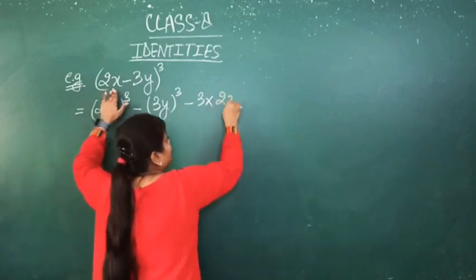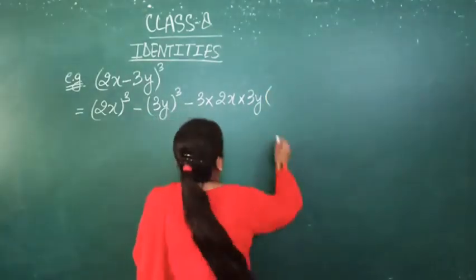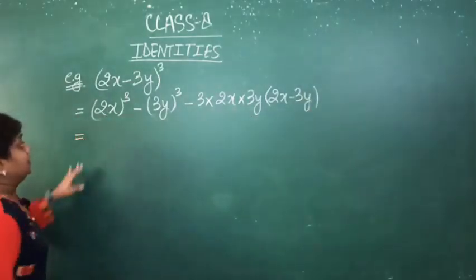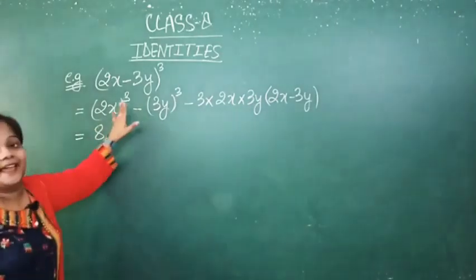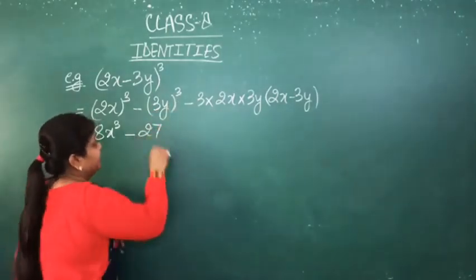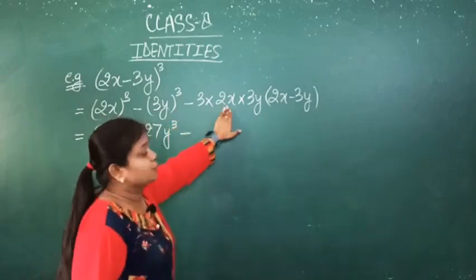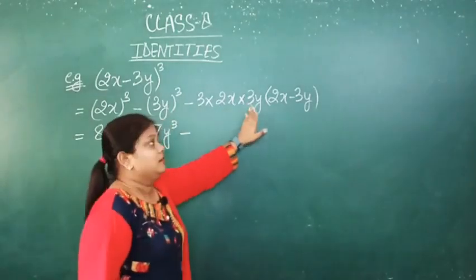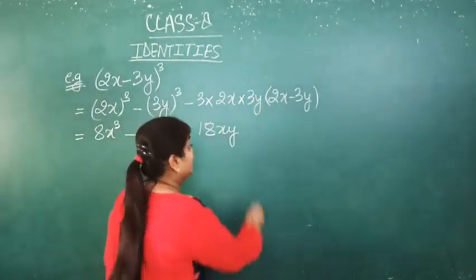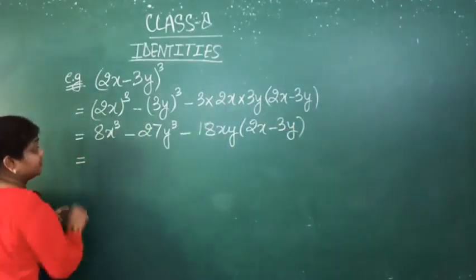A is 2x and b is 3y, and a minus b means 2x minus 3y. 2 cube is 8 and x cube is x cube, minus 3 cube is 27 and y cube is y cube, minus 3 into 2 is 6, and 6 times 3 is 18, and x into y will give xy, whole bracket 2x minus 3y.